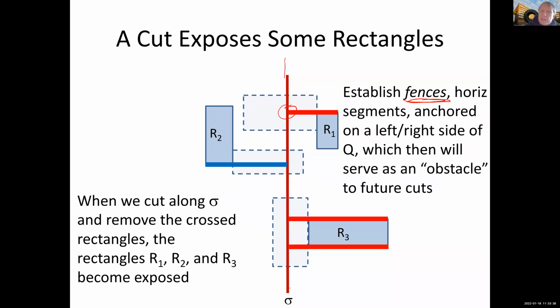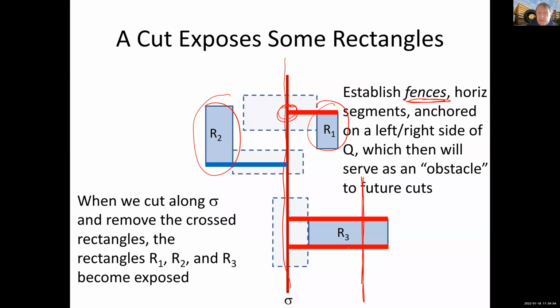This, of course, because this was a cut, is now a boundary of a new subproblem to the right and to the left of the cut. And we establish these fences. I color them red or blue, depending whether they're anchored on the left or the right, so that we will protect these rectangles that are exposed from ever being crossed, because we're going to make sure that all of our vertical cut portions never cross a fence.